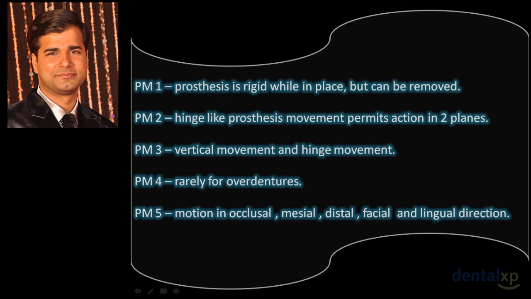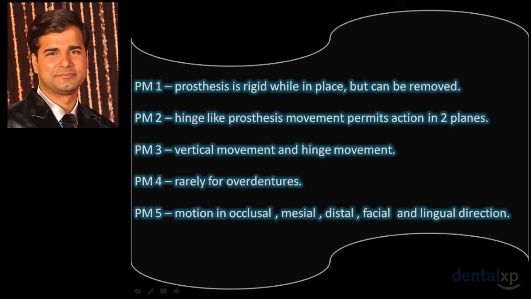If the prosthesis is rigid while in place but can be removed, the prosthesis movement PM1 is what occurs. Now, for example, the O-rings have a range of motion of 6 different directions.